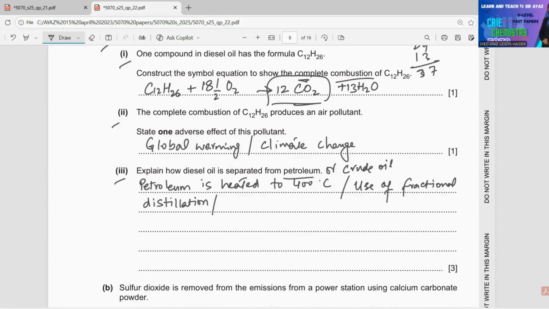The use of fractional distillation: the fractions will be separated on the basis of difference in the boiling point. So you write fractions separated on the basis of difference in the boiling point.